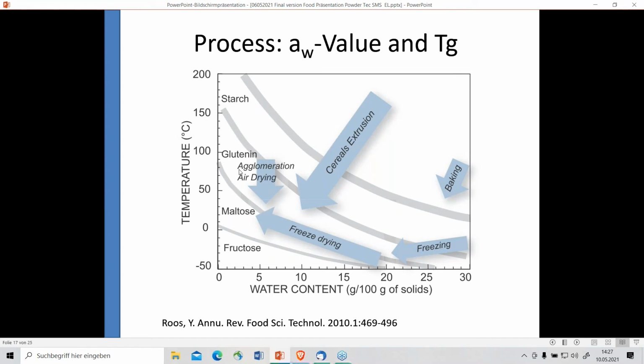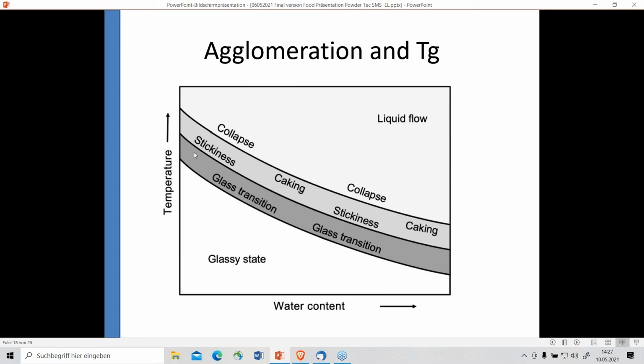And if you are looking at agglomeration, on the other hand, you are looking for stickiness and caking. So you would like to have caking and stickiness, but if you add too much liquid, you will be in the collapsed area and you won't get any agglomeration.